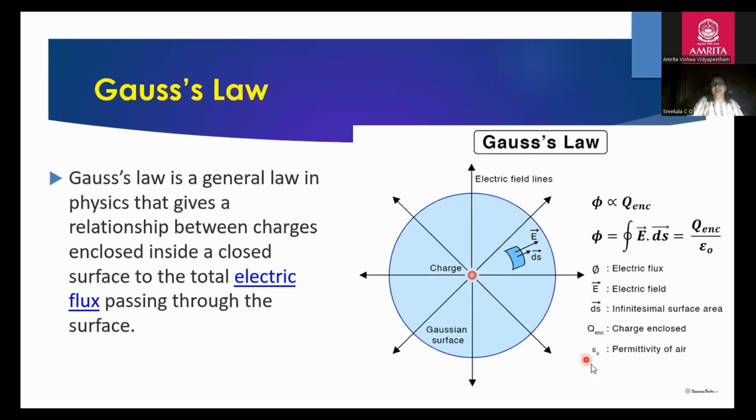If it is not free space, then you have to take the total charge enclosed by the Gaussian surface in the appropriate medium. Gauss law states that the total electric flux through a Gaussian surface is equal to 1 by epsilon 0 times the charge enclosed by the Gaussian surface. That is Gauss law.